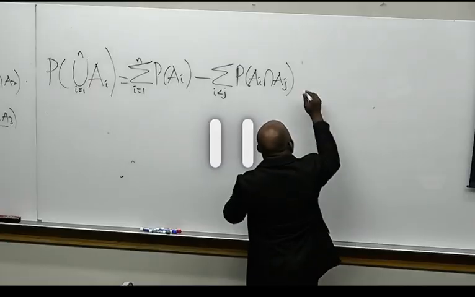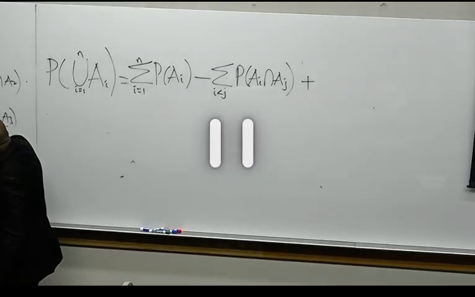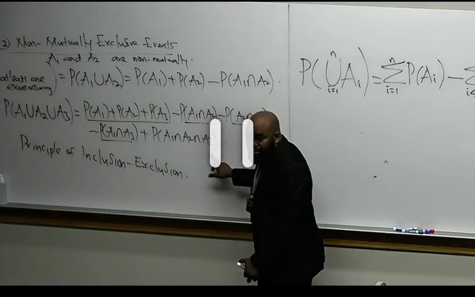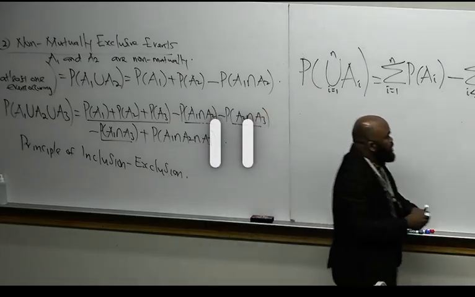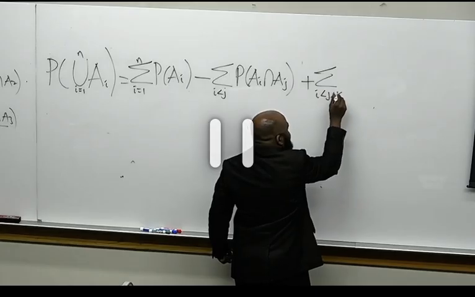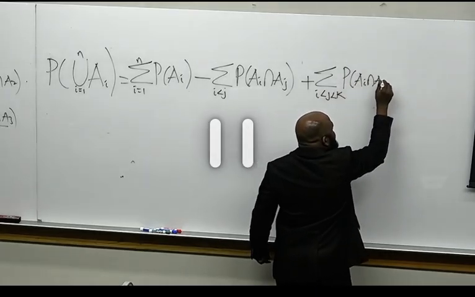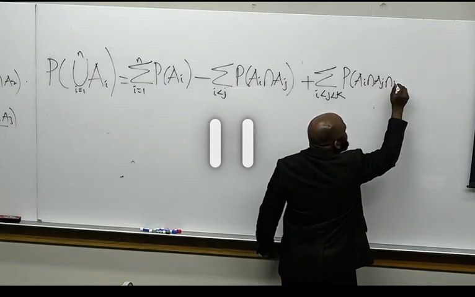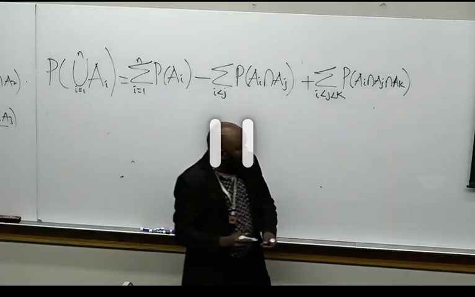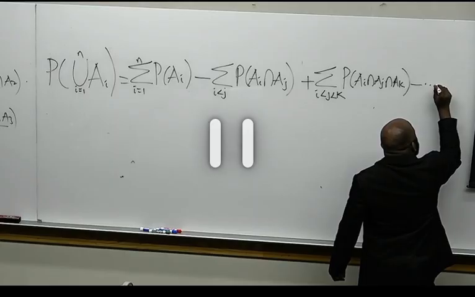Now, plus. Don't forget, when you have a 2 event, the next is going to be 3 event. So here I'm going to say summation i less than j less than k, the probability of A_i intersect A_j intersect A_k. Now when I have that, then I'm going to have minus dot, dot, dot, plus.